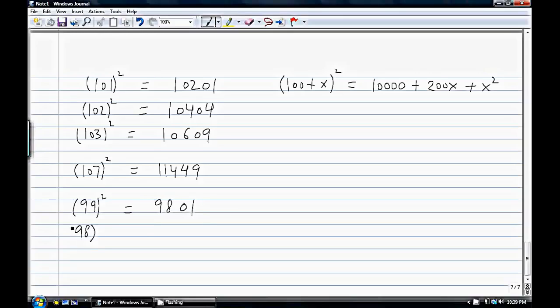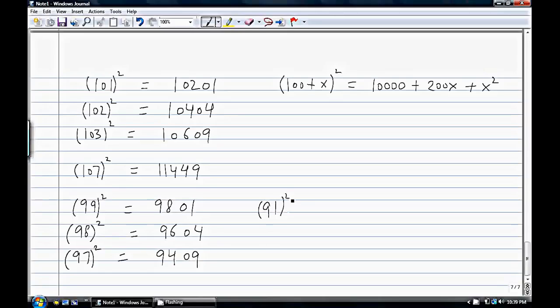Similarly 98 square will be 9604, and 97 square is equal to 9409, since 3 2s are 6, so 94 and 09. So I can go until 91.